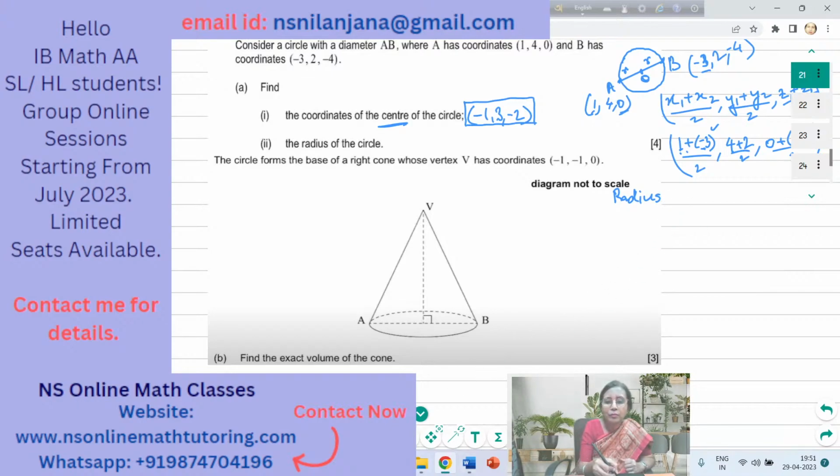So radius will be, I'm having 3 axes, so if I start from O, (-1 minus 1) whole square, plus (3 minus 4) whole square, plus (-2 minus 0) whole square.